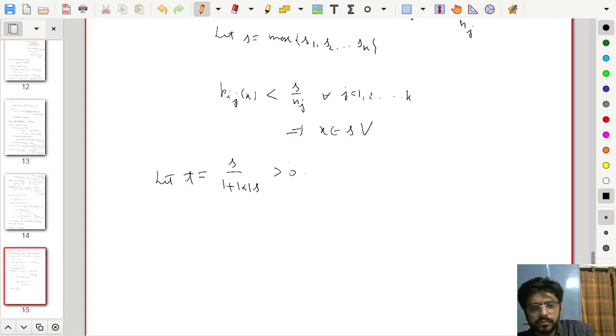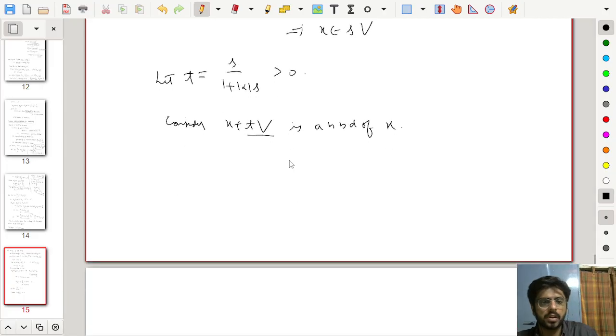Now consider x plus t times v. t times v is a neighborhood of 0 and x plus t times v is a neighborhood of x.